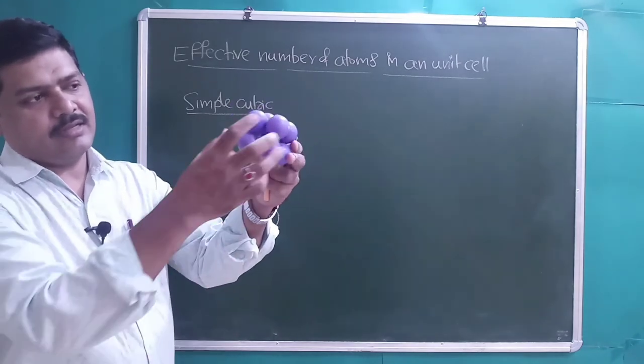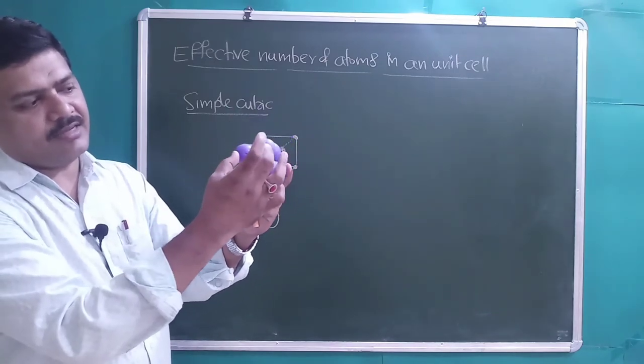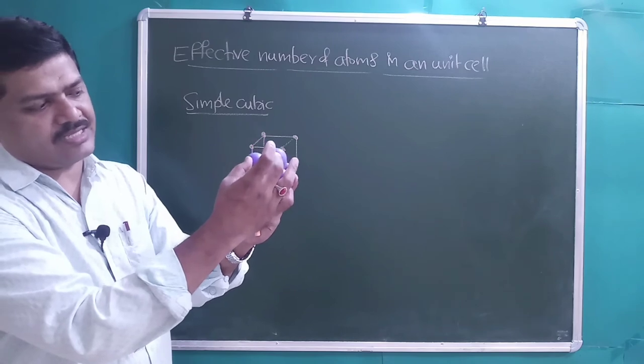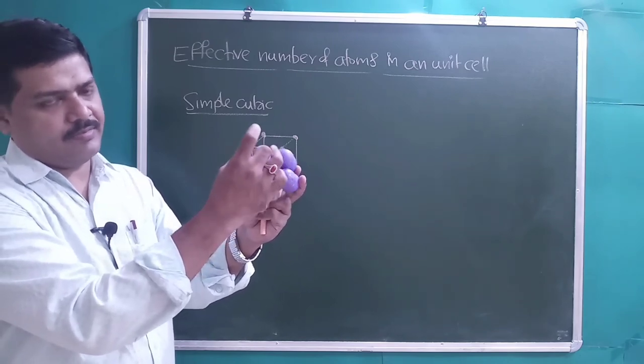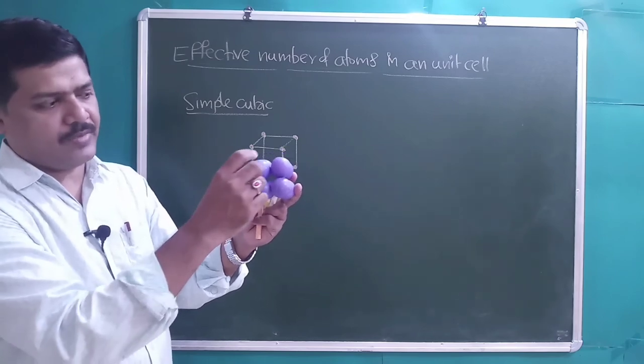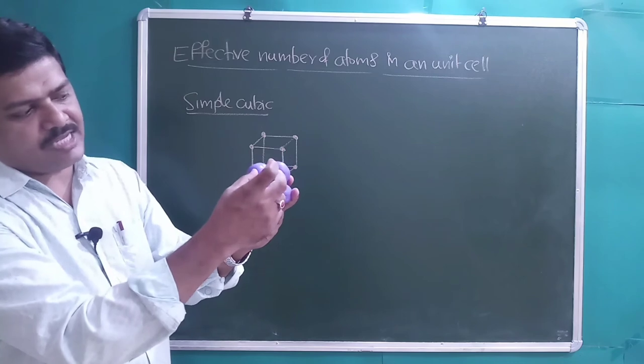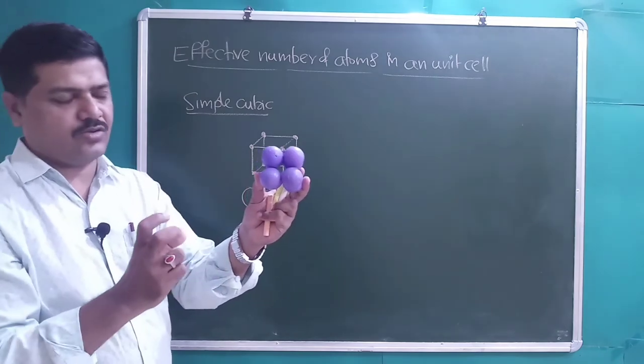They are present at the corners and they are touching each other along the edges. Next we will do the packing fraction of simple cubic. So the edge length is a, which is equal to r plus r, equal to 2r, right?